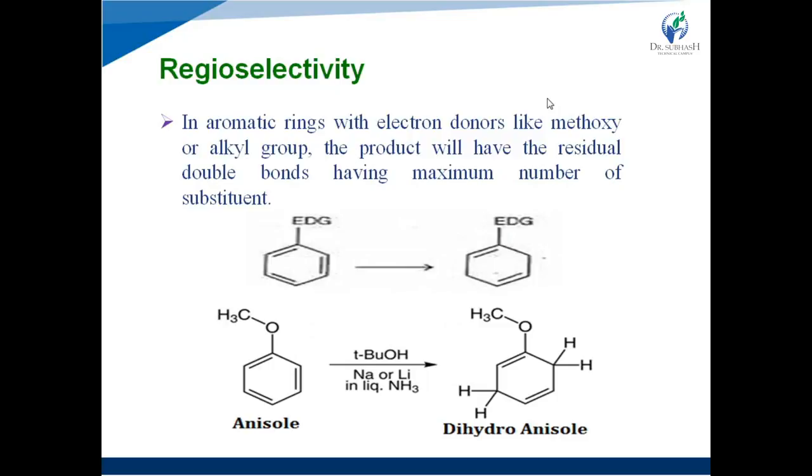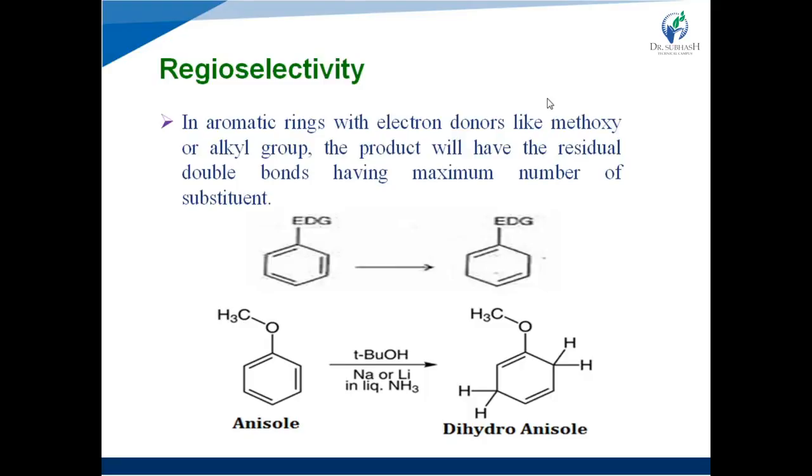Now, the regioselectivity of this reaction. First of all, what is regioselectivity? We have seen many organic reactions in which there is a possibility of formation of more than one product, right? But in most cases, instead of more than one product, only one major product is formed.